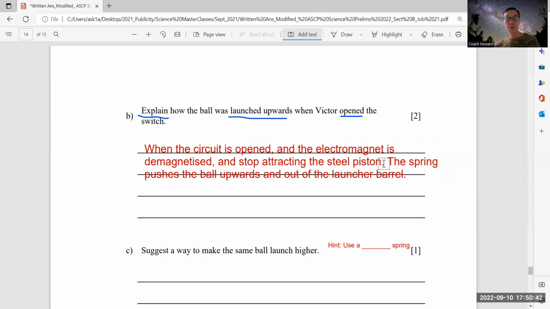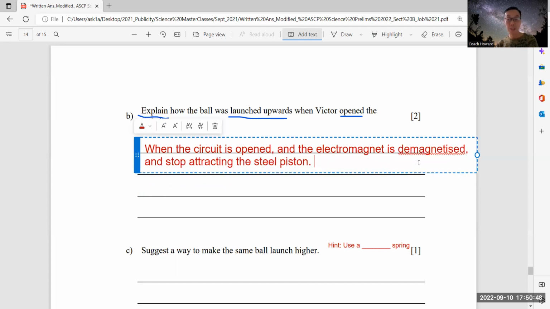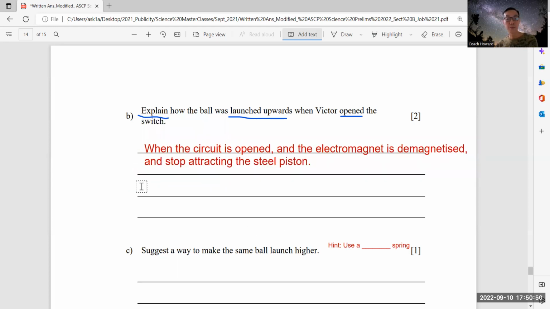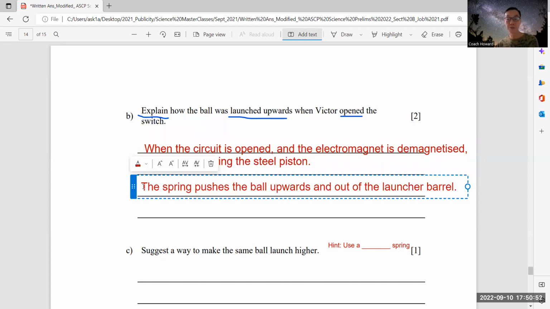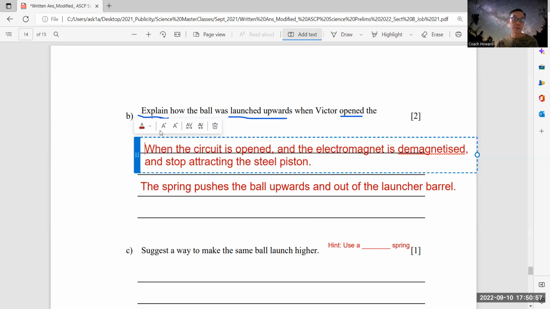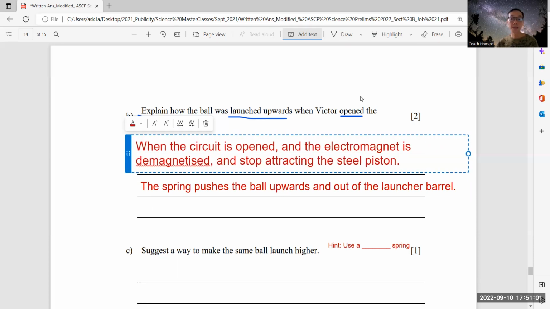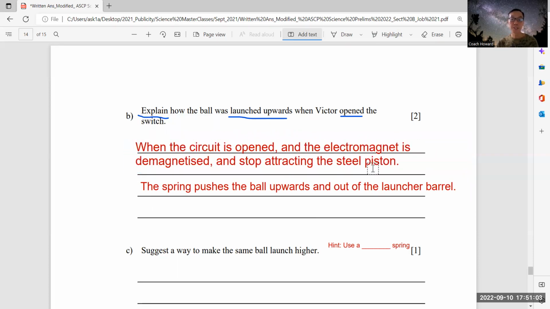The spring pushes the ball upwards and out of the barrel. Okay, let me rewrite. Separate the statements, easier to see. So when the circuit is open, the electromagnet is demagnetized. Stop attracting the steel piston. The spring pushes the ball upwards and out of the launch barrel.